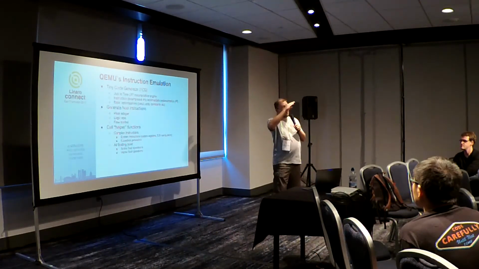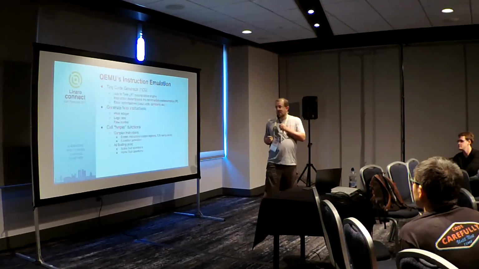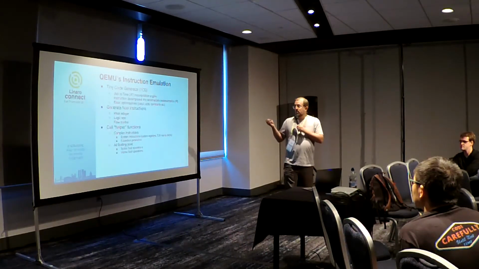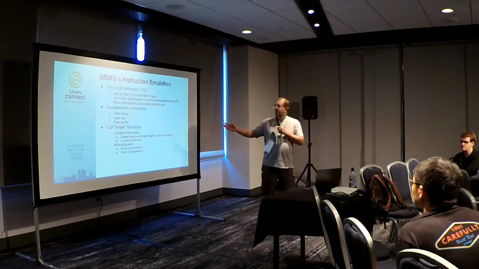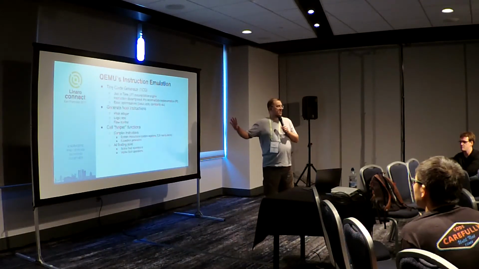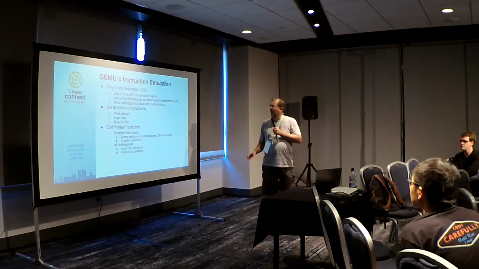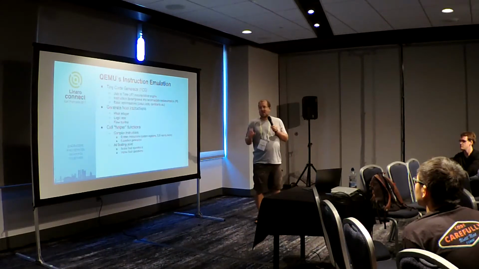And then we go through the remaining TCG ops, and for each TCG op we have a decision to make. We either generate some host instructions, or we call a helper function. So for most integer operations, logic operations, flow control, that sort of thing, we generate host instructions. We call helper functions for anything that we consider complex.